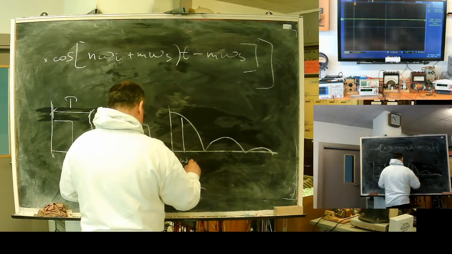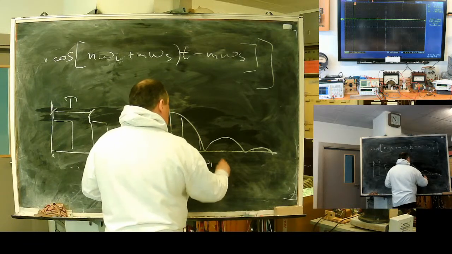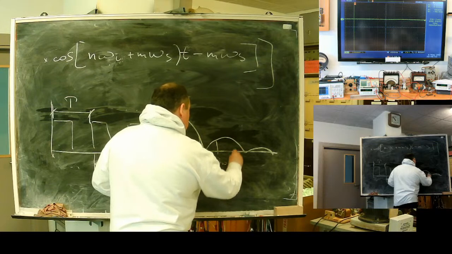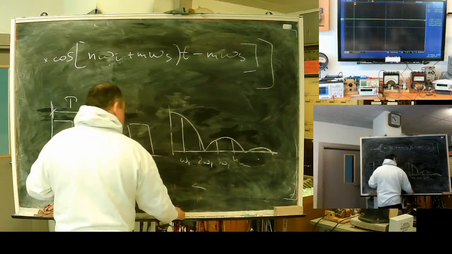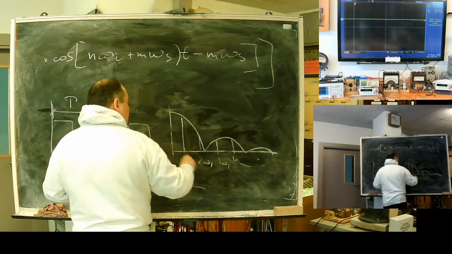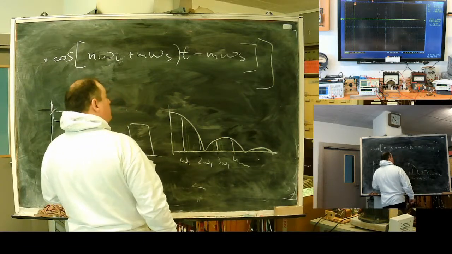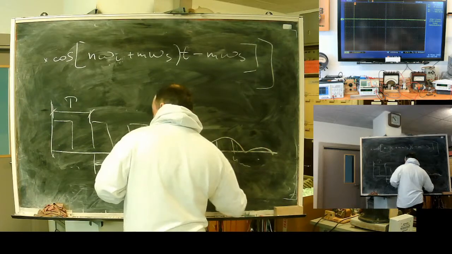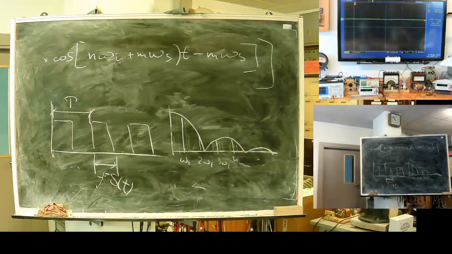Omega 1, double omega 1, triple omega 1, 4 omega 1, and so on, and around multiple spectral lines of omega 1, they are repetitions of the original modulating signal.